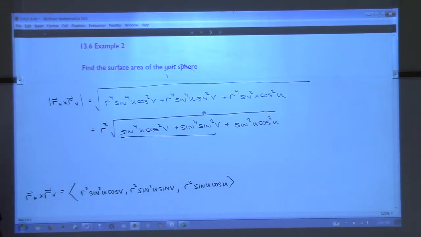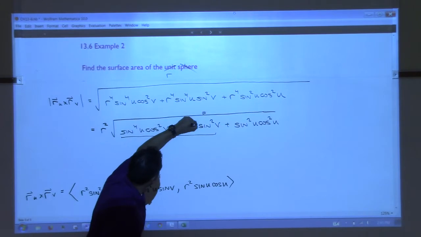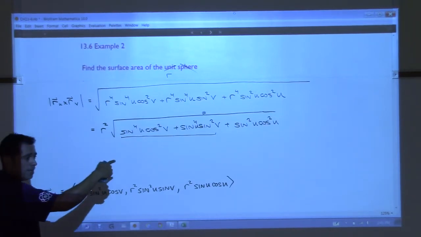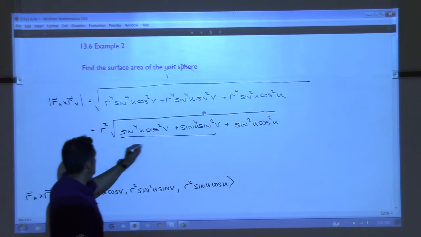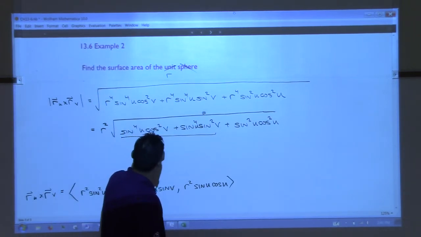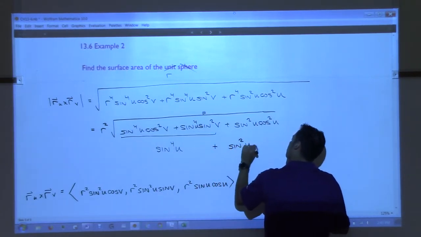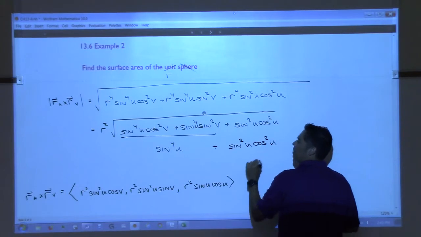Yeah, we can pull out a sine to the fourth u, right? I'm left with cosine squared v plus sine squared v, which is 1. So this all together is just going to be sine to the fourth u, and then I'll still have over here plus sine squared u cosine squared u, right?